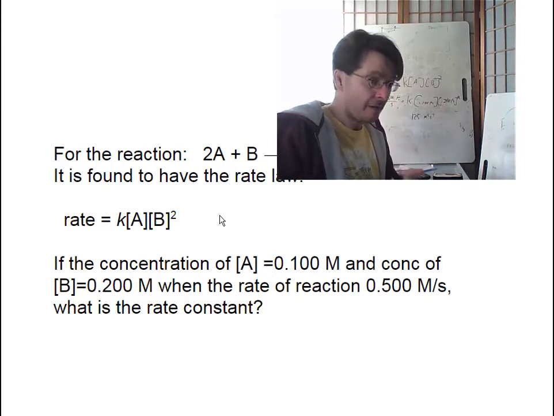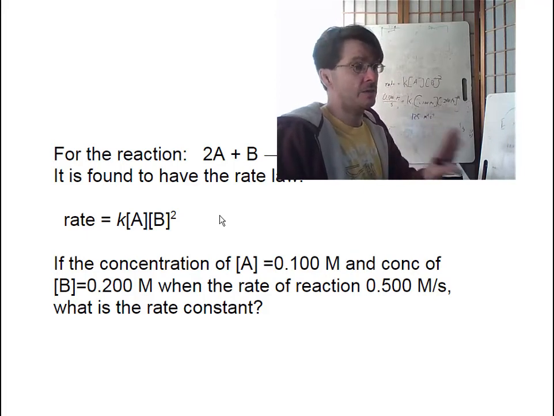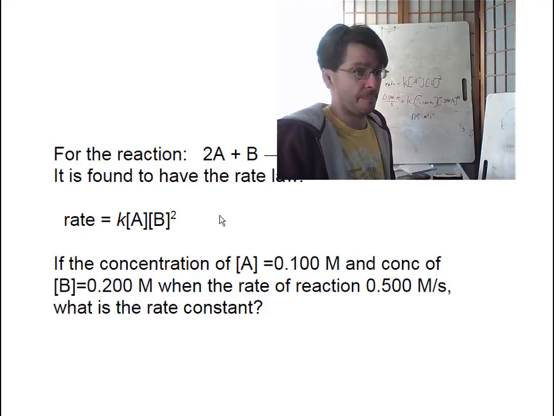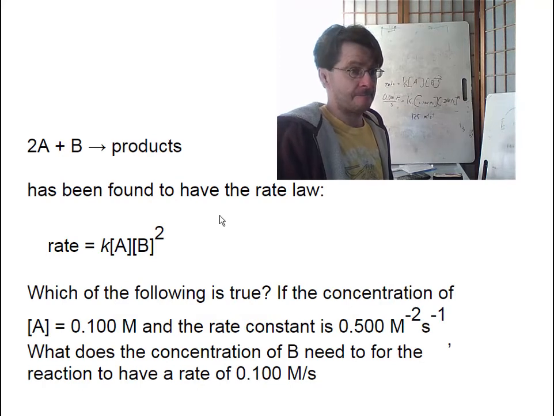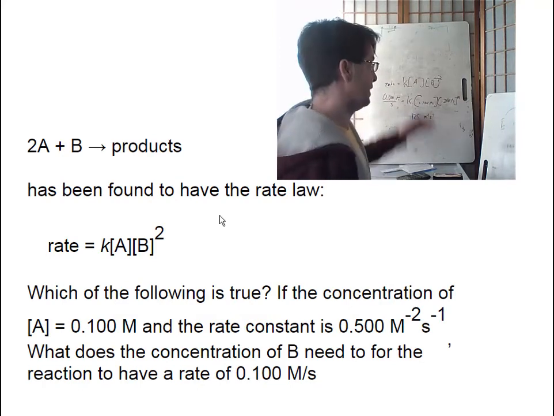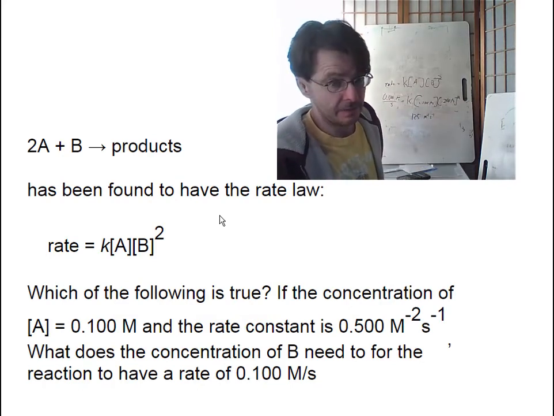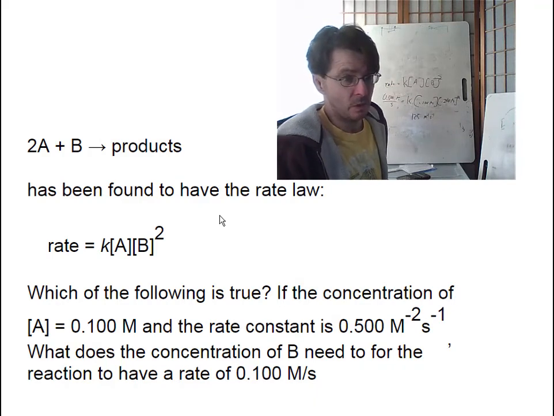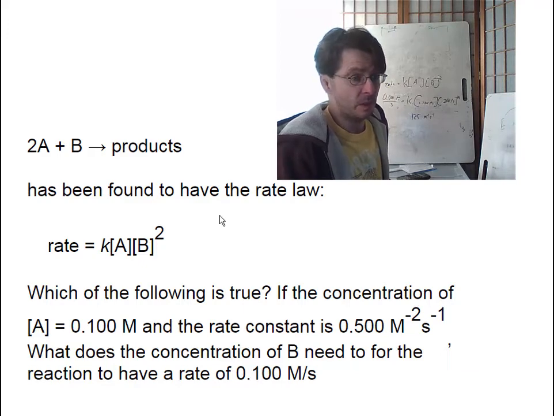But once you have K, you can use it to predict the rate at any concentration. You have the following rate law, same rate law in this case. If the concentration of A is 0.100 molar, and the rate constant is 0.500 molar to the -2 second to the -1, what concentration does B need to be for the rate to be 0.1 molar per second?